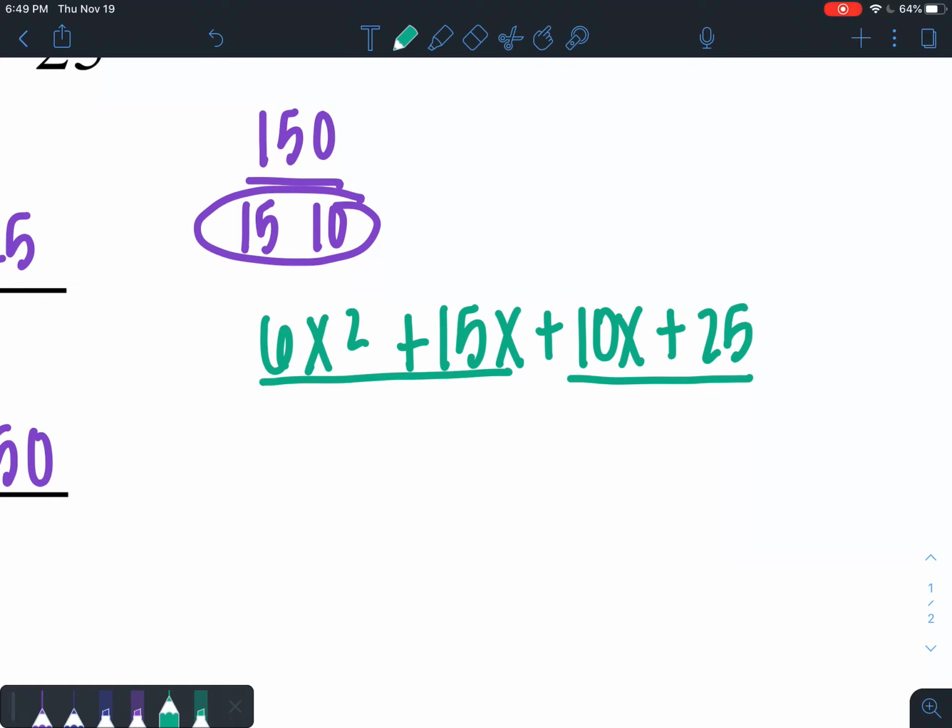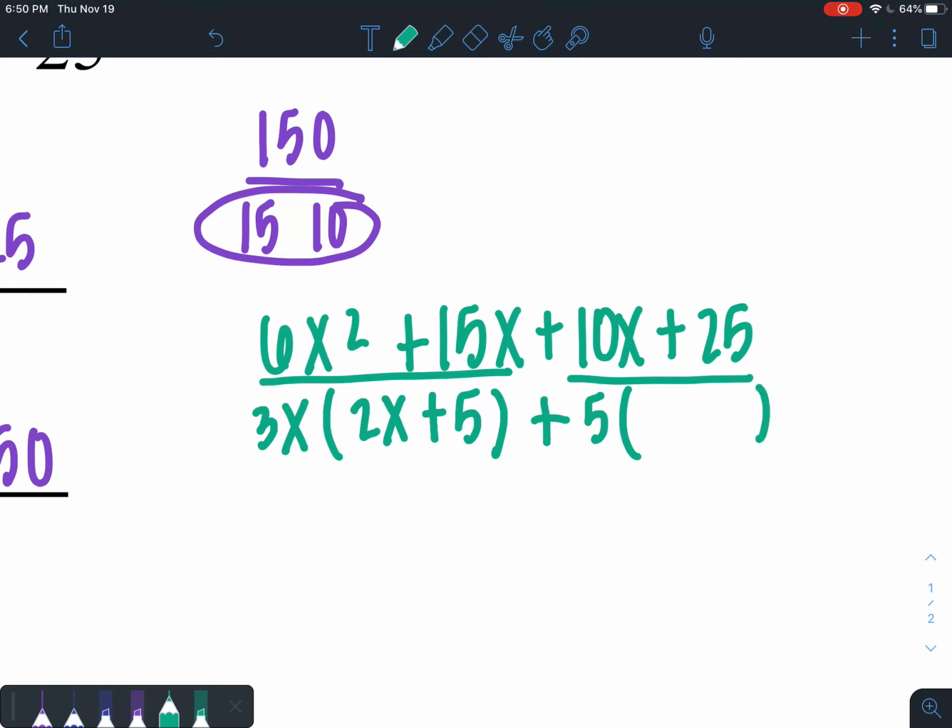What's the GCF? 3x is the GCF. And what are we left with? 2x plus 5. Next up, GCF of 10x and 25. What is it? It's 5. And we're left with x plus 5.